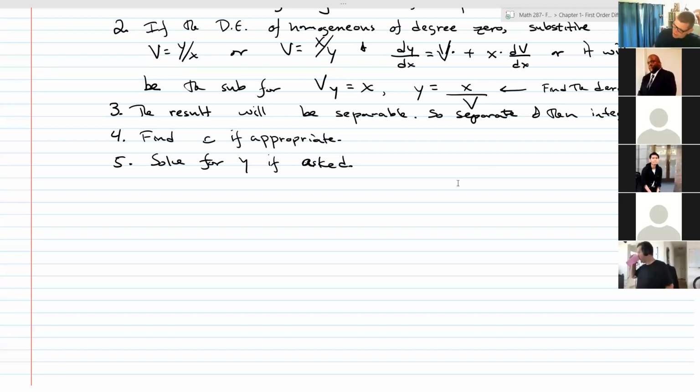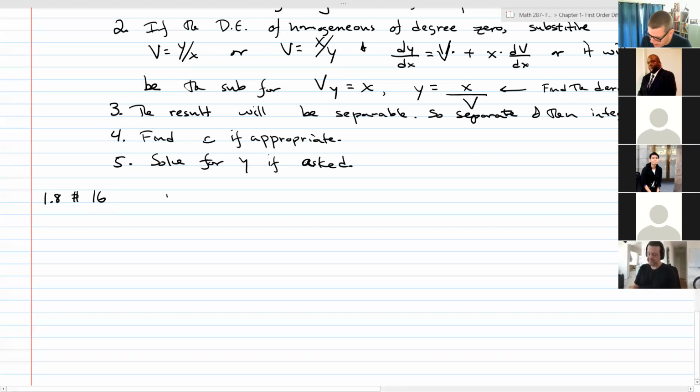Okay, so let's take a look at one more example of this change of variables for equations homogeneous to degree 0. This is actually number 16, section 1.8, number 16. Sometimes you're going to have to do a little bit of work in order to transform something into homogeneous to degree 0.